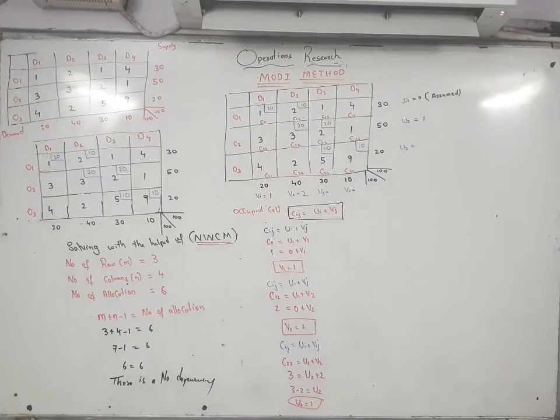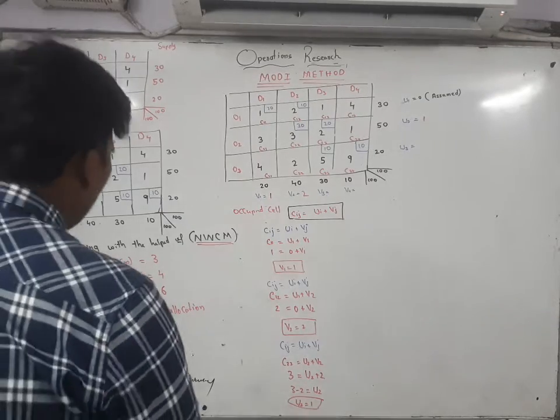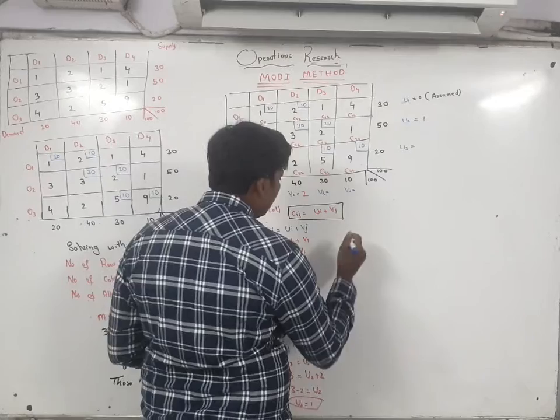Next step, after getting this, what do you have to do? You got V1 and you got V2. Okay? And U2. After that, again you have to write down this formula. What is the formula?